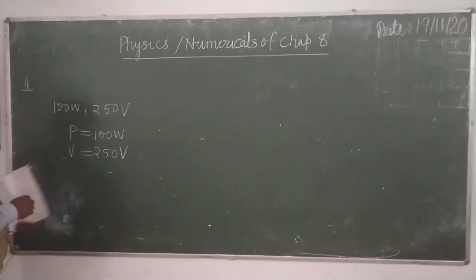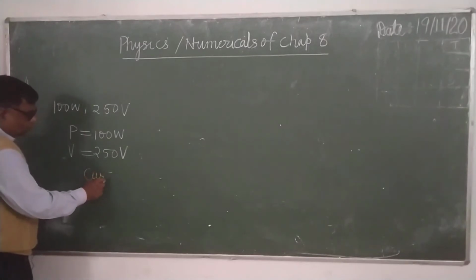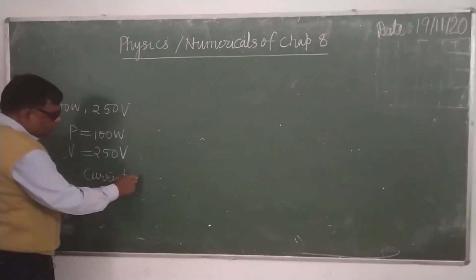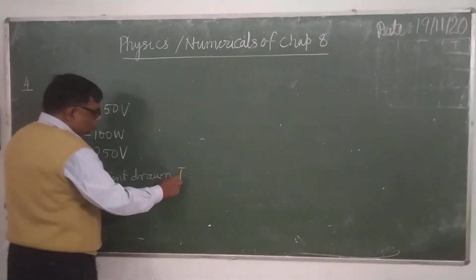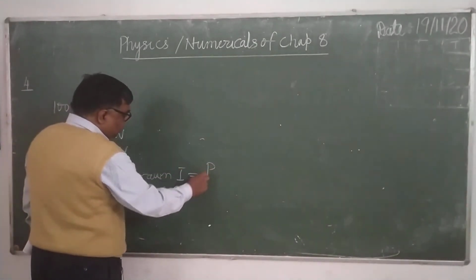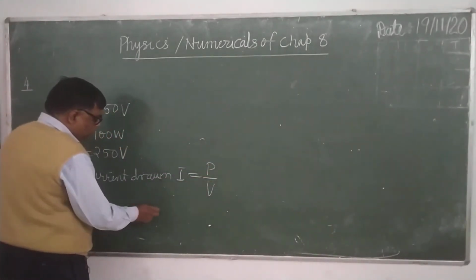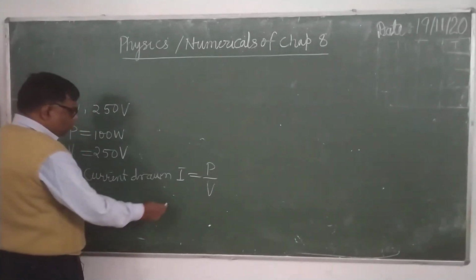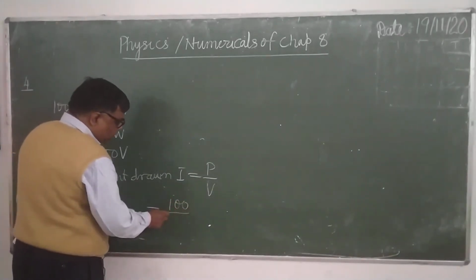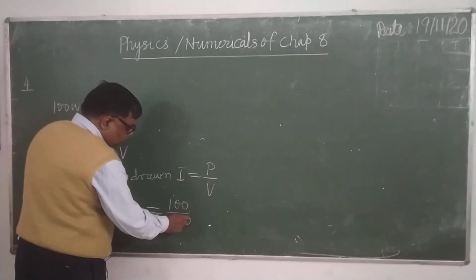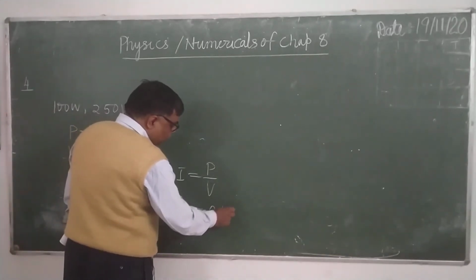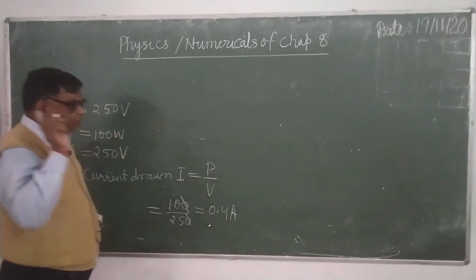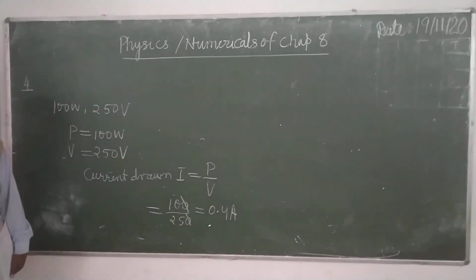Current drawn equals I equals P upon V. P upon V, P is given how much? 100 upon 250. This cancels. That is 0.4 ampere. Now all of you see one more thing here in this question.